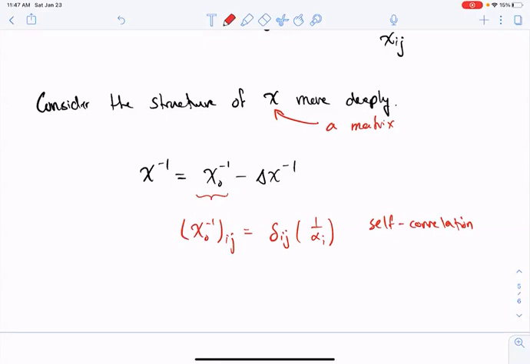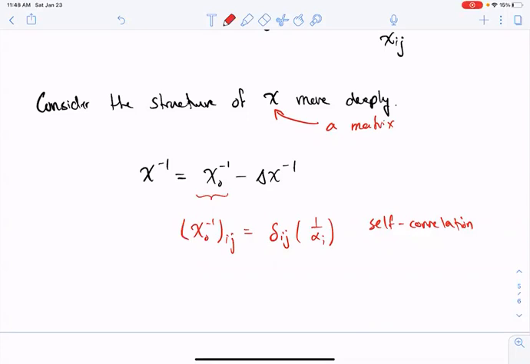Cell I has some fluctuations just due to fluctuations in cell I. So even if it wasn't connected to any other cell, the density could still fluctuate. And those self fluctuations have some scale we're calling alpha I.